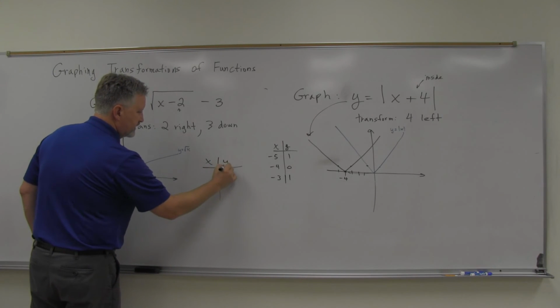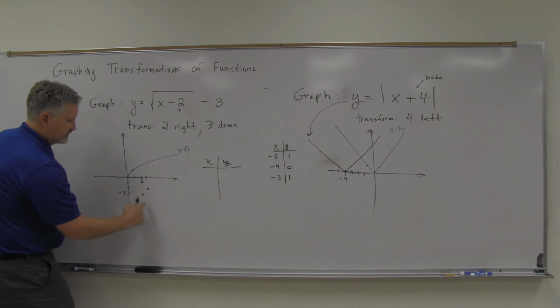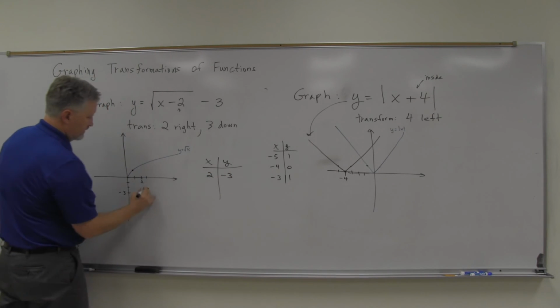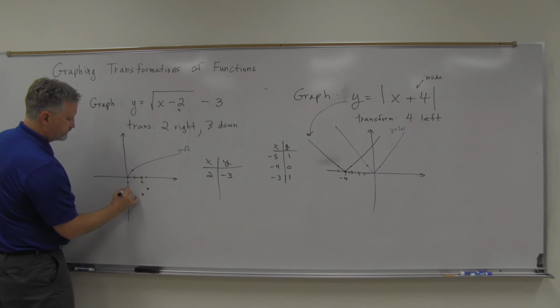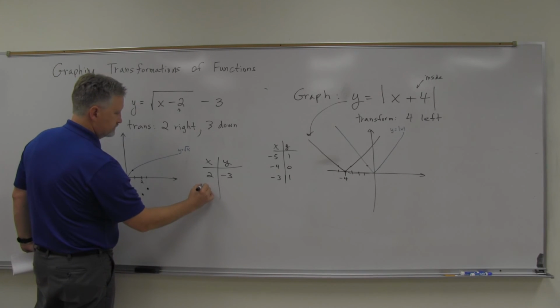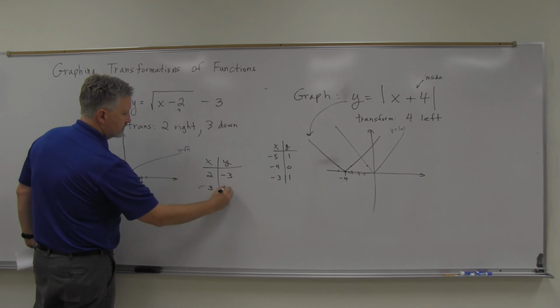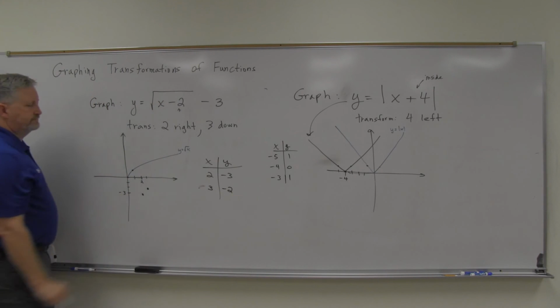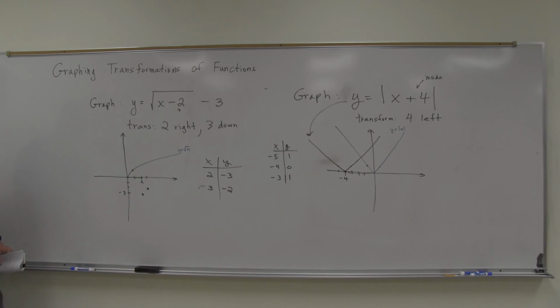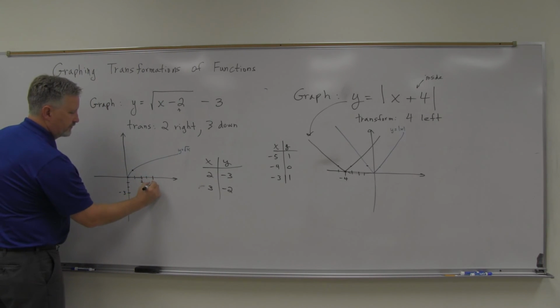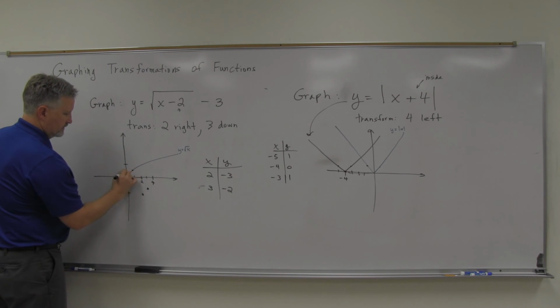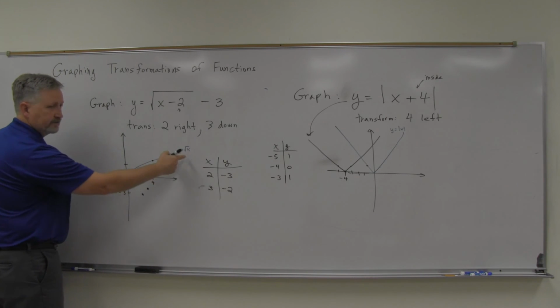Let me get a table. What did I say? 2 and -3, and this one would be 3, -2. And again, if you plug them in, you can follow those too. Another good point would be 4, 2. 4, 2 would be a good point on that graph.